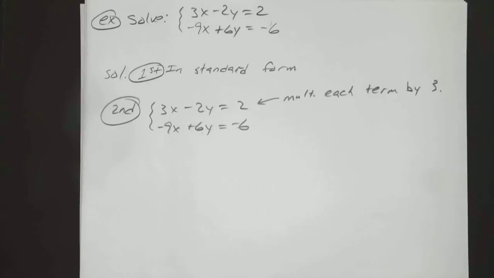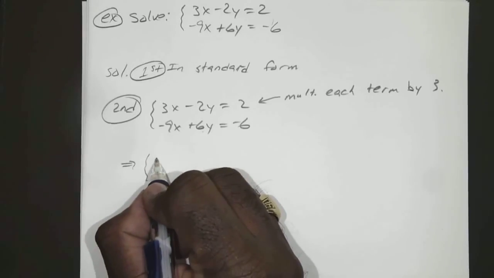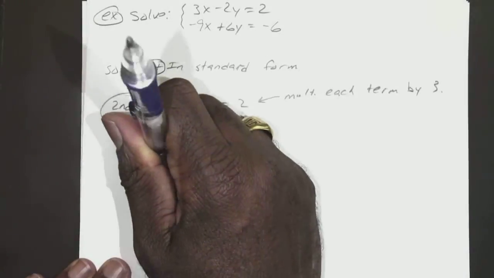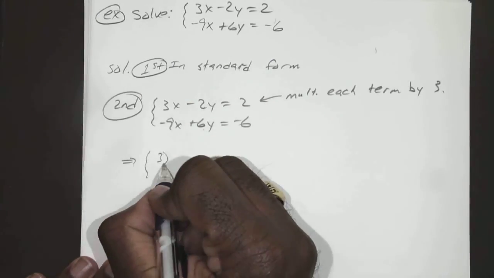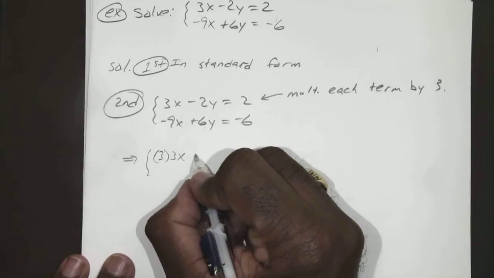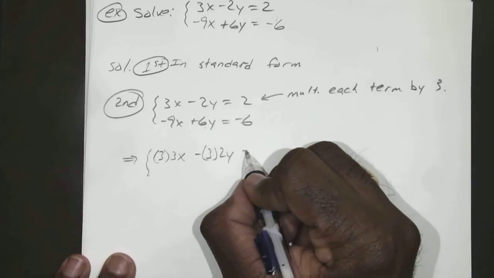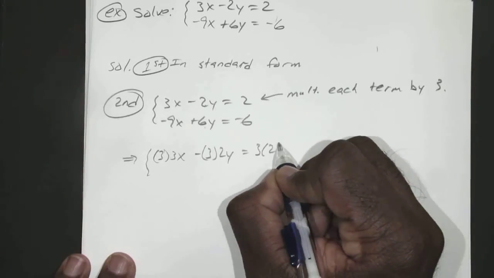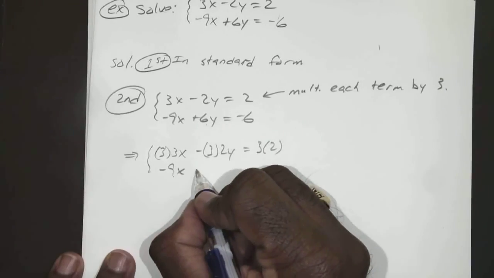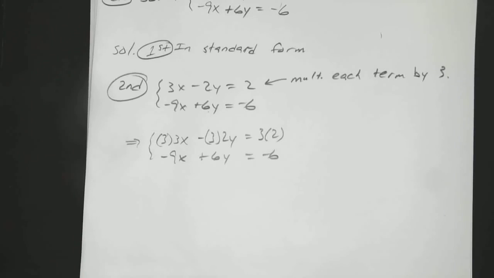Okay, so we multiply each term by 3. So we have 3 times 3x minus 3 times 2y equals 3 times 2. And we have negative 9x plus 6y equals negative 6.